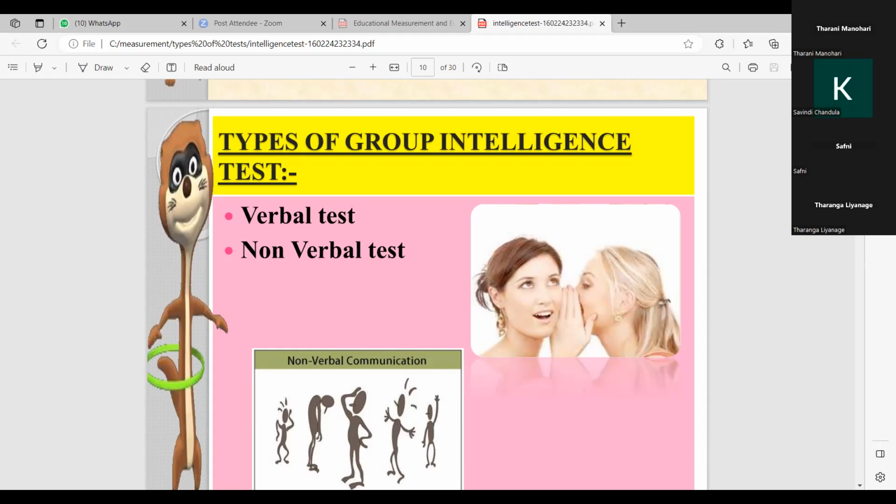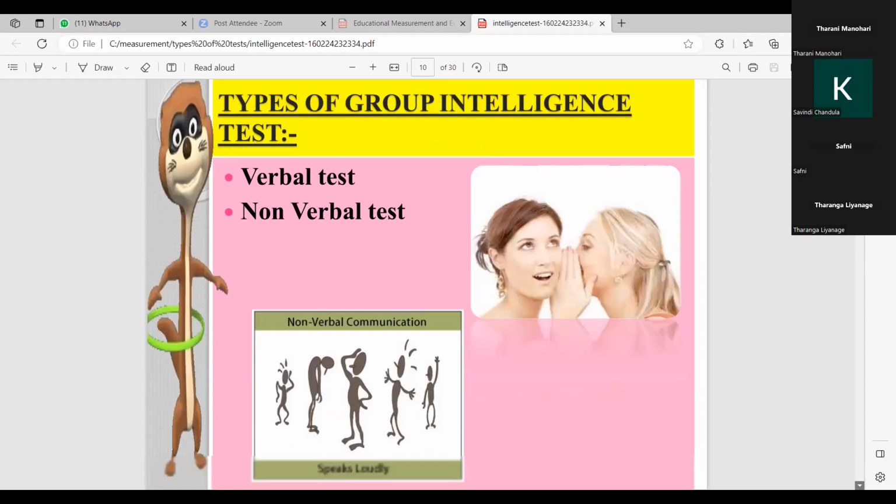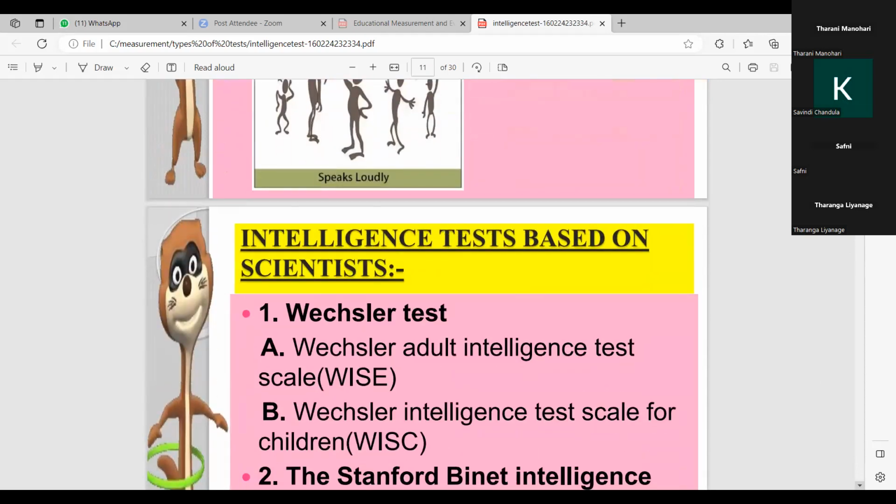The Army Beta was a performance test, for the illiterate people. So one is an individual test, the other a group test. So for the types of intelligence tests, we have verbal and non-verbal. We have discussed a lot about that.